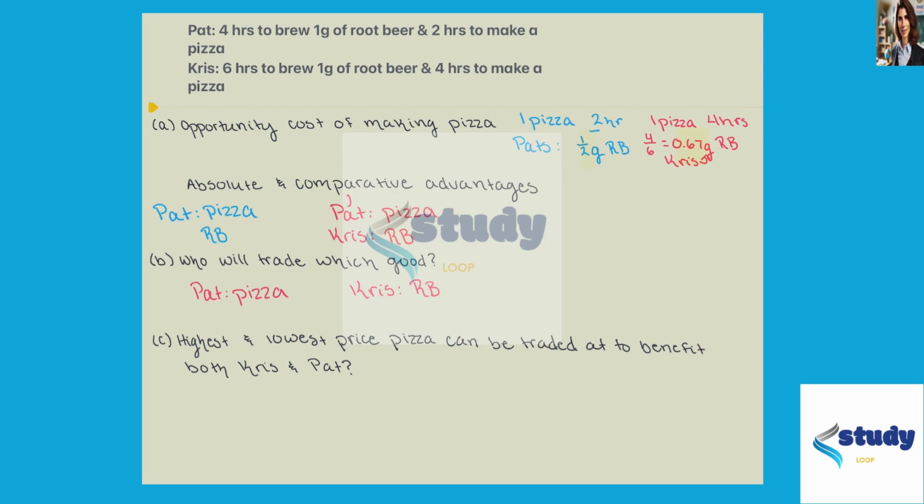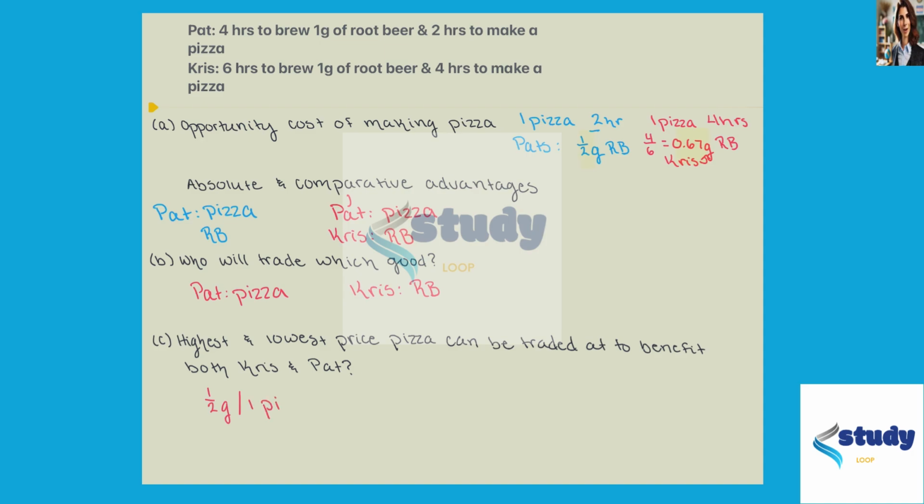So Pat's opportunity cost of producing a pizza is a 1/2 gallon of root beer, which means he's not going to be willing to pay any more than a 1/2 gallon for a pizza. So we're doing this in terms of root beer. So Pat shouldn't be willing to purchase pizza at anything more than a 1/2 gallon of root beer per pizza.